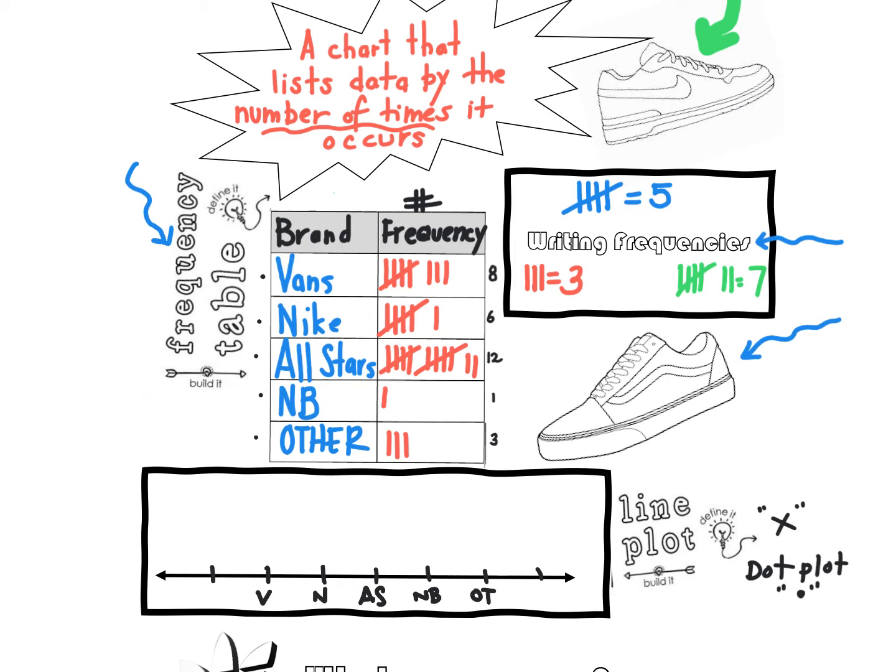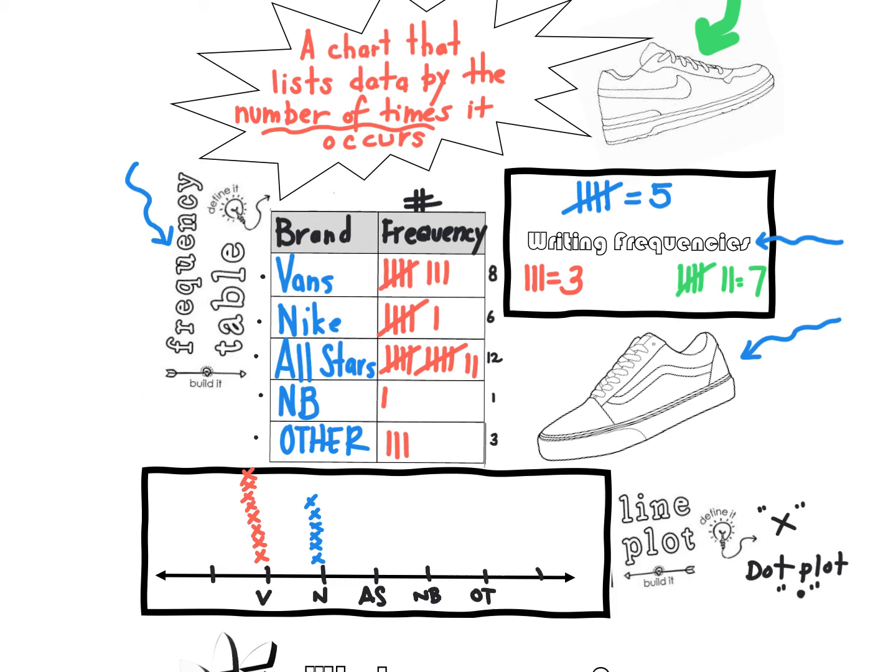So Vans, I have 8 people, so I'm literally going to draw 1, 2, 3, 4, 5, 6, 7, 8. Nike, I have 6 people, and if you notice, I like to use varying colors sometimes if I have access to it. 1, 2, 3, 4, 5, 6. Okay. All-Stars is 12.